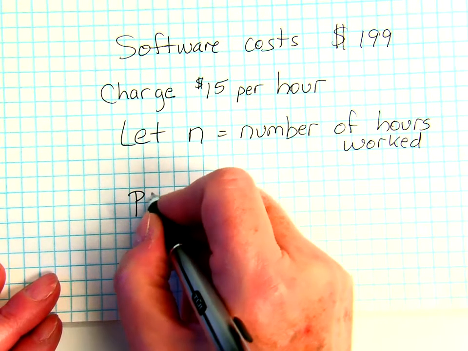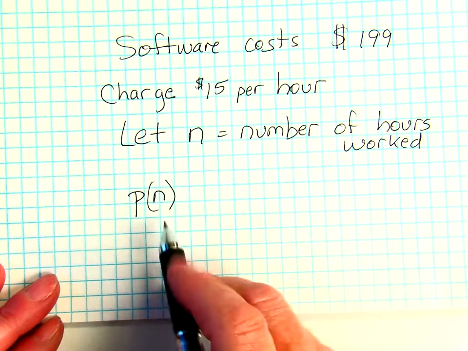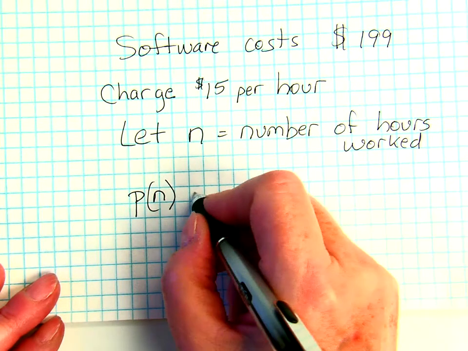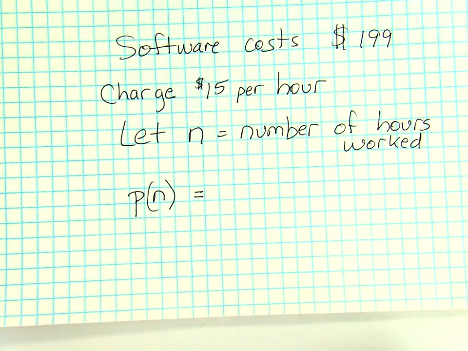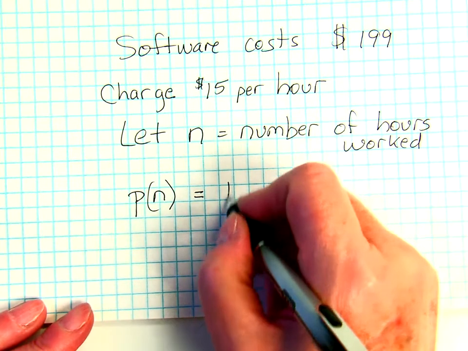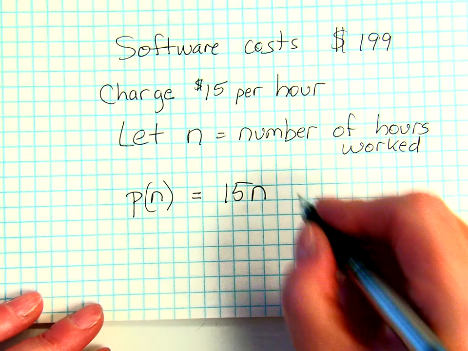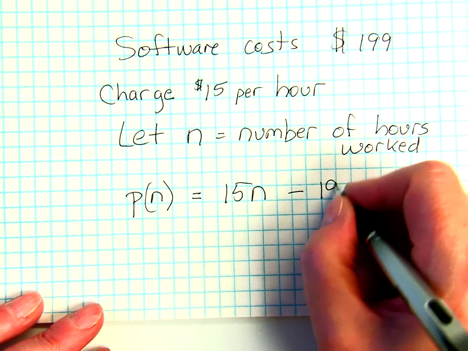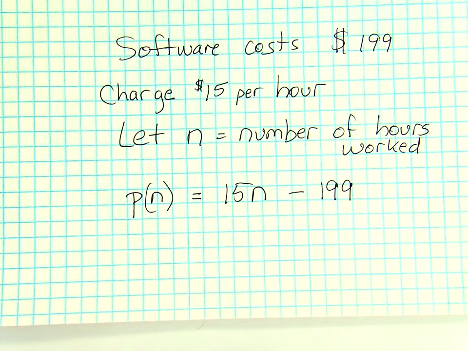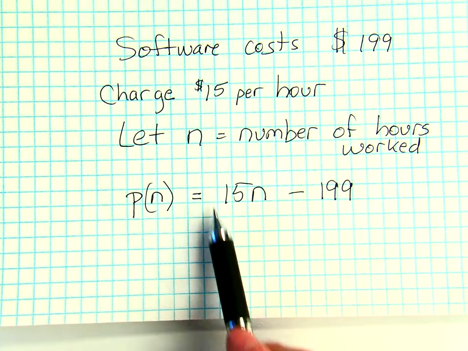So when we look at P of n, and that's the profit of n, we've got to look at the fact that we make $15 an hour, okay? But we have to take off that $199, otherwise we're not going to see what our actual profit is, okay?